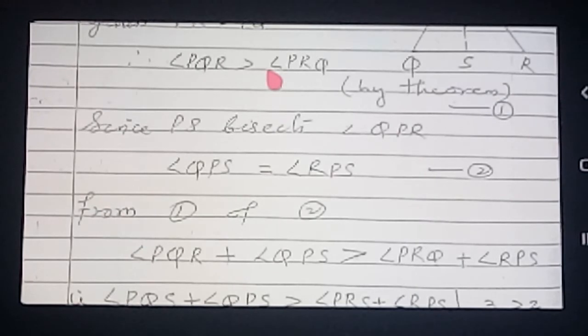Here, first point: because PR is greater than PQ is given, therefore we wrote this by a theorem: the angle opposite the greater side is greater. Here also the same. And PS bisects, therefore these two are equal. So this angle Q and these two are added together: PQR and QPS, and here PRQ and RPS added together.